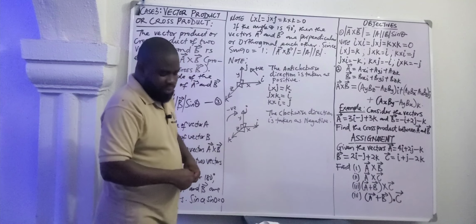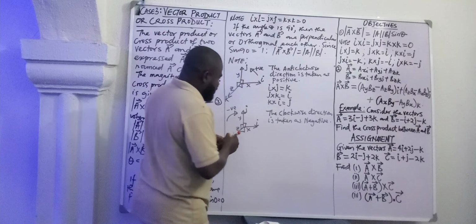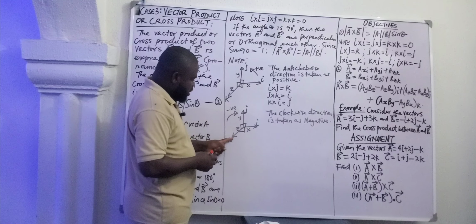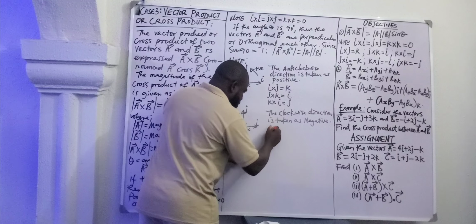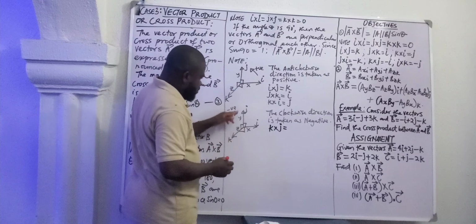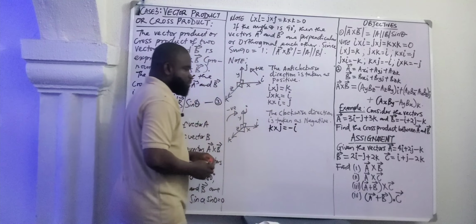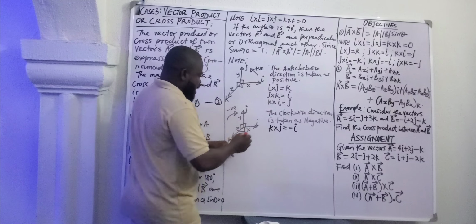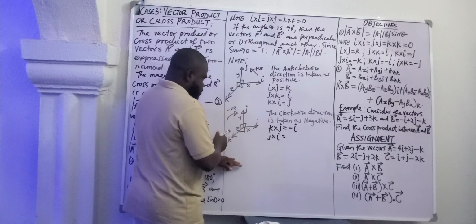Now, what is the implication of that? It means if I do, I'm moving in the clockwise direction now. If I do K cross J, K cross J will give me minus I. If I do J cross I, J cross I will give me what?